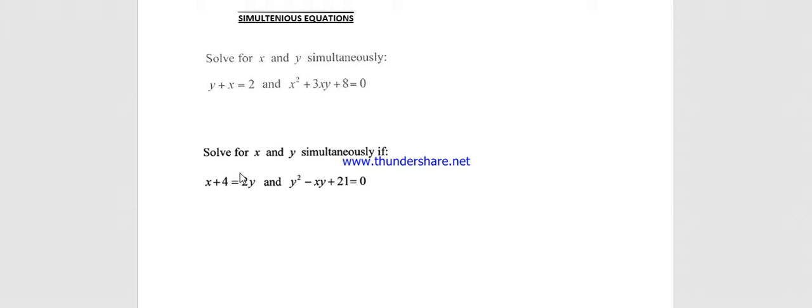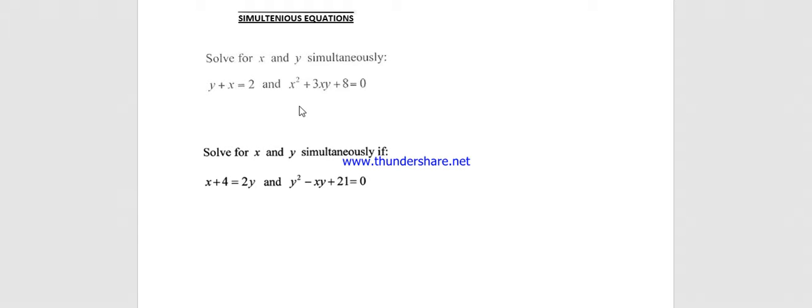You'll be told to solve for x and y simultaneously, as you can see here and here as well. Given two equations, this type of equation and that type of equation, right? What you need to do is identify one of the equations as the complex one and the other one as the simpler one.